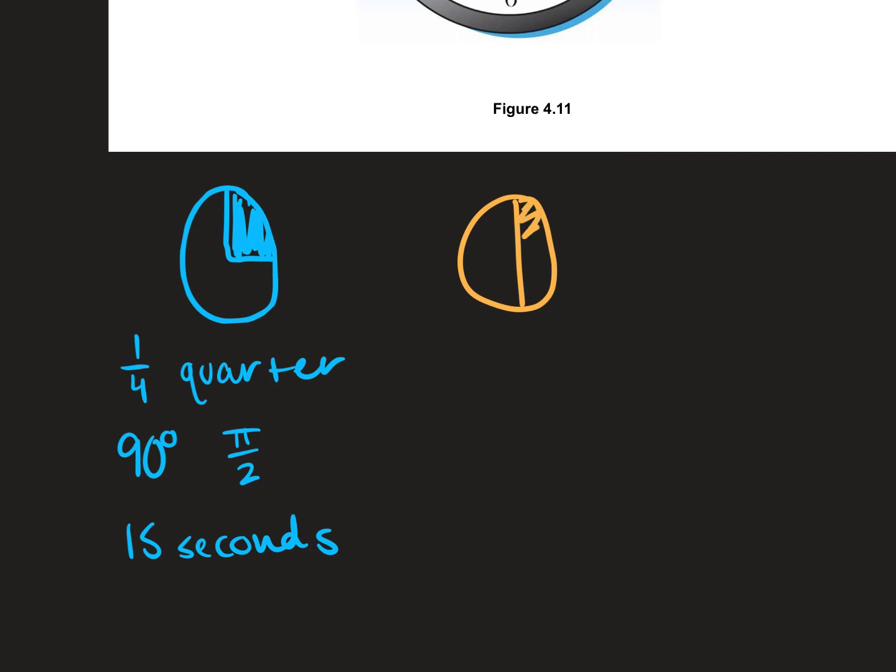If I had half of a clock, how many degrees? 180. How many radians? Pi. And how many seconds? 30 seconds.